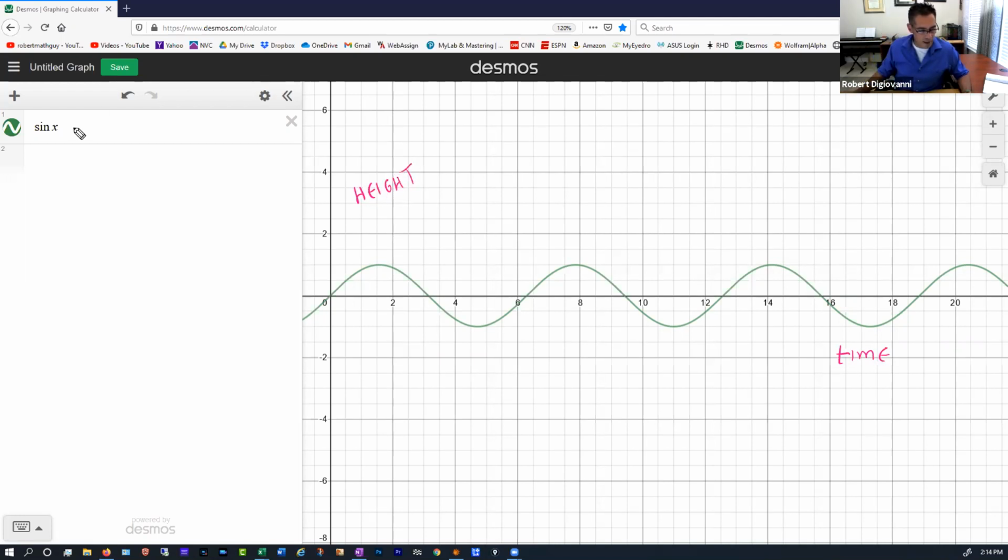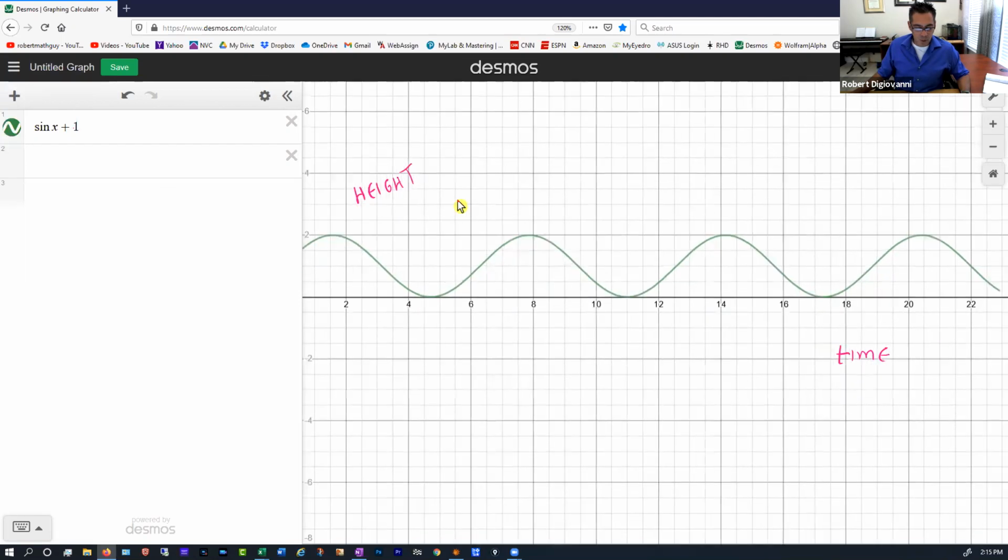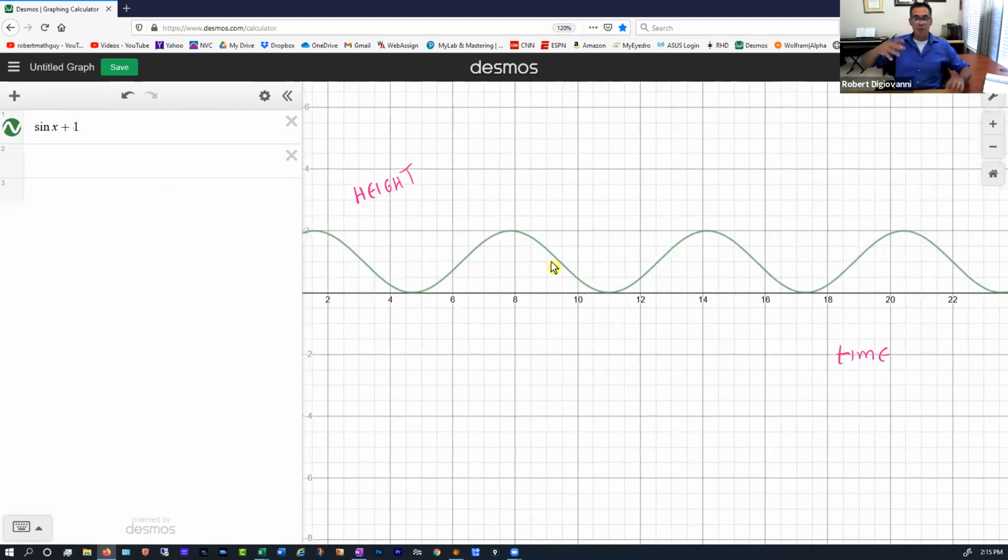And let me add 1 to this function to move it up. Let's say we're looking at this curve as measuring the height of a basketball. So I'm going to take a basketball and drop it, right? And the clock starts. So as time goes on, the height of the ball comes down, it hits the ground, bounces back up, and then hits the ground, bounces back up, right?